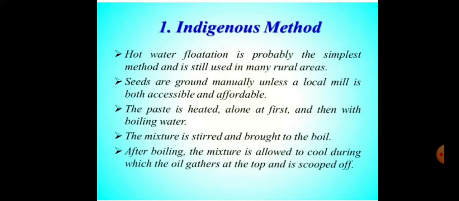While boiling, whatever oil is leached comes to the top of the water, because there is a density difference between oil and water, and the fat floats on the water surface, separated from the water.